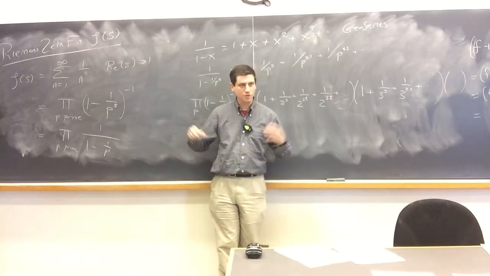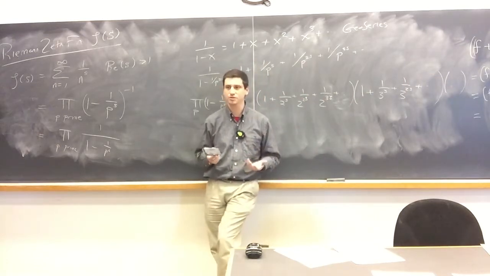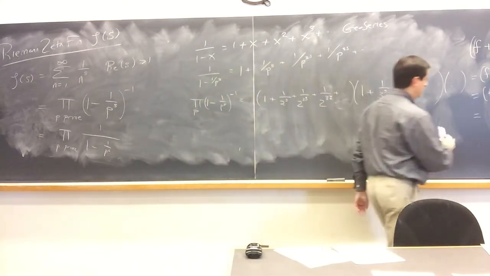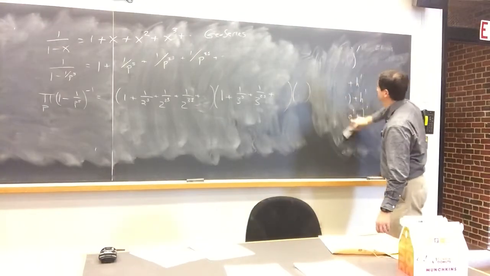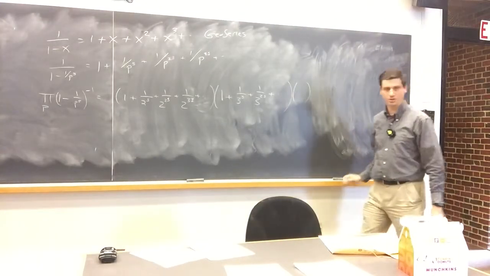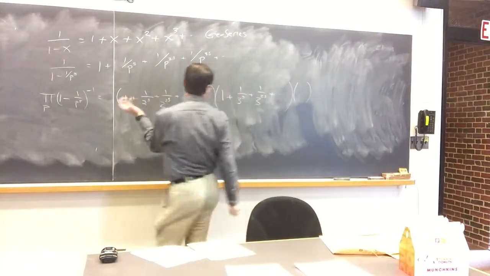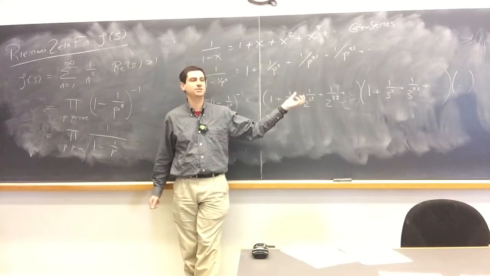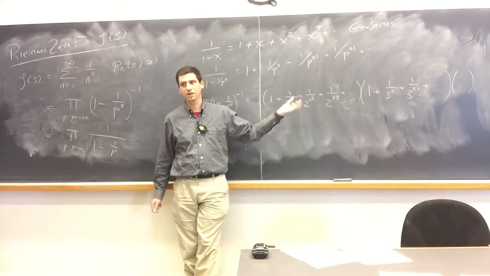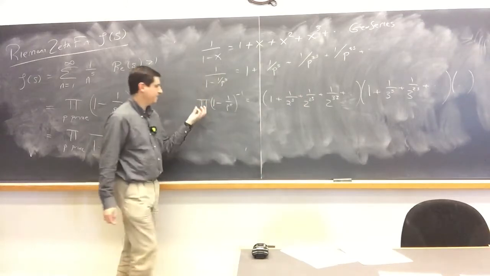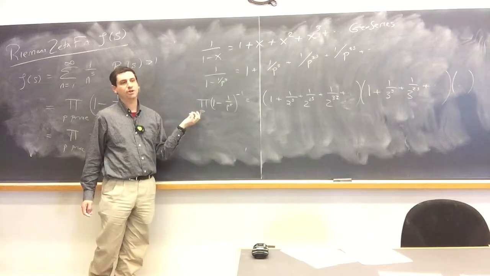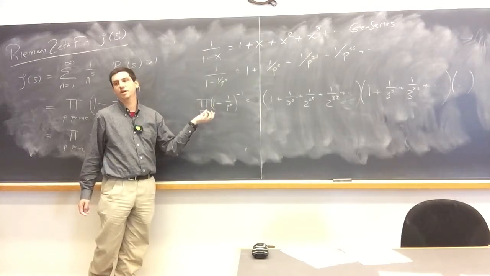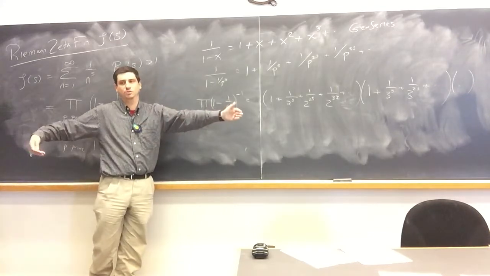I'm not going to go through all the details now as to how you make this rigorous and how you handle convergence. If you are interested, let me know. I'm happy to go into this. I just want to give you the broad brushstrokes. When I multiply everything out, the way we deal with an infinite product is you can only have finitely many terms that aren't 1. Another way to look at it is, I take the product only over a finite set of primes, and then I let that set grow.